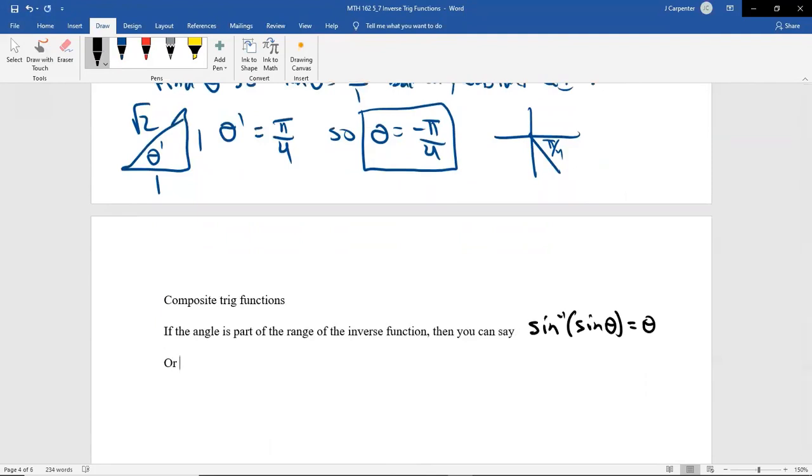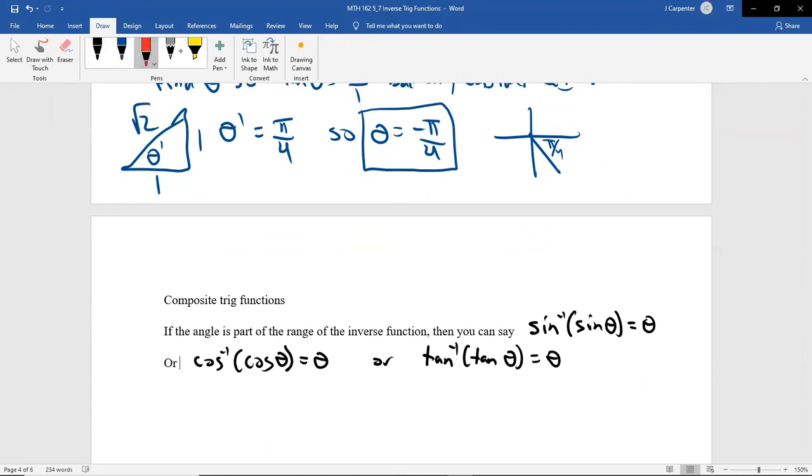Or, same thing, if the angle is part of the range of the inverse function, then the inverse cosine of the cosine of an angle is just equal to the angle. Or, you know where I'm going with this, the inverse tangent of the tangent of an angle would be the angle.